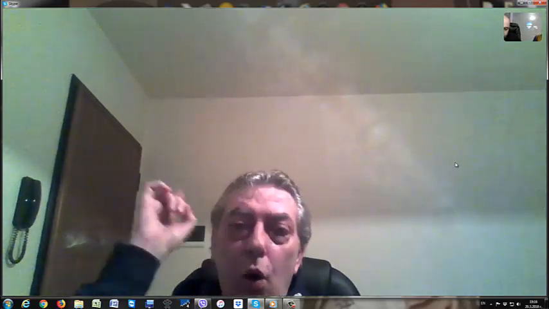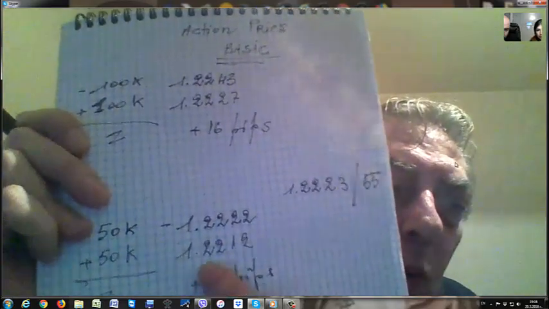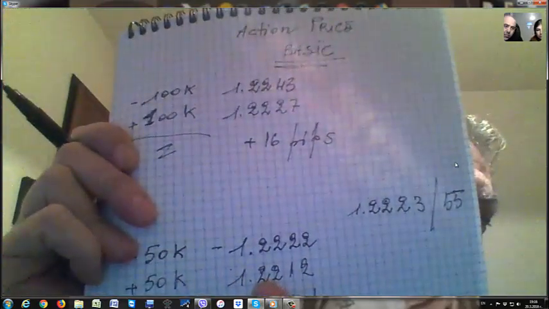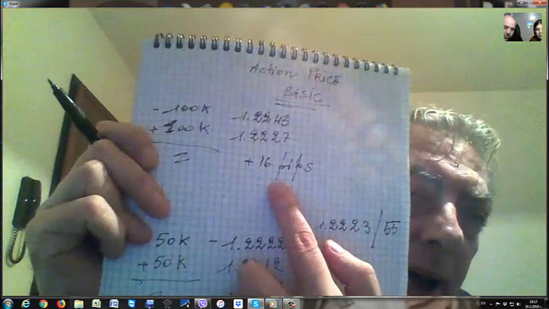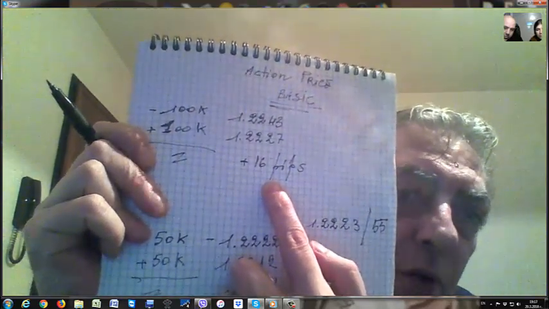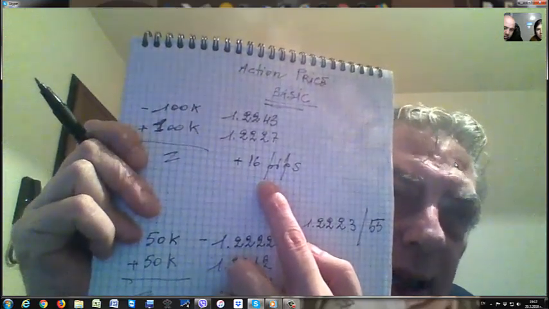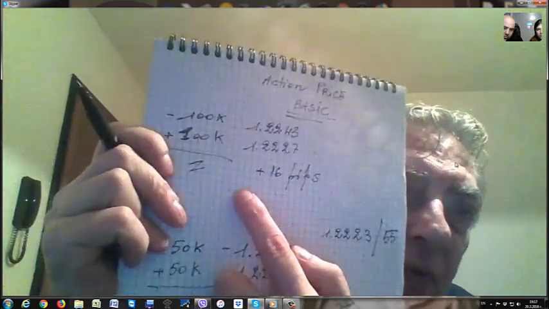Okay? Why? Suppose that the market, instead of moving to 1.2212, moves up and I have to close at 6-8 pips for stop loss. I lost 6-8 pips, but on 50.